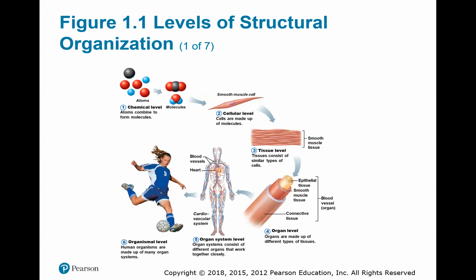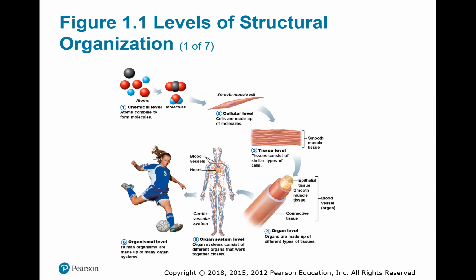And if you put multiple of these blood vessels together, again, you create an organ system. So this would be the cardiovascular system. We're seeing the heart and we're seeing blood vessels, such as arteries and veins, as well as something called capillaries that we will discuss further on down the road.